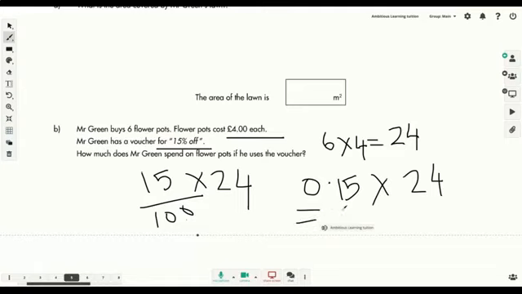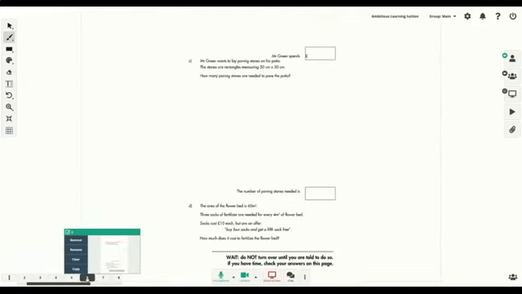Good. The answer, if you guys got it, is 20 pounds 40. That's the answer I would be expecting you guys to get for this one. So let's move on to the next one now.